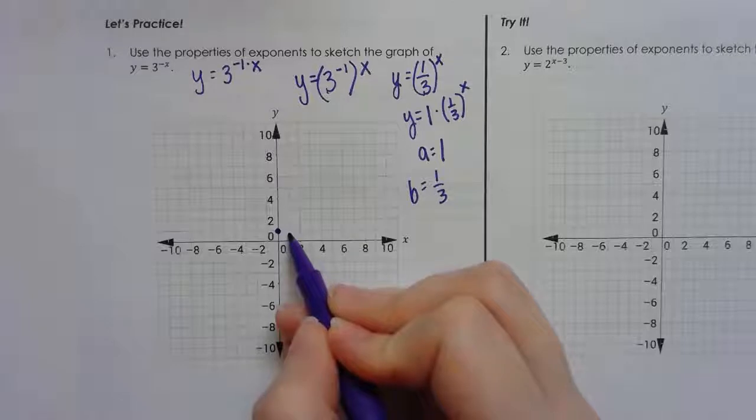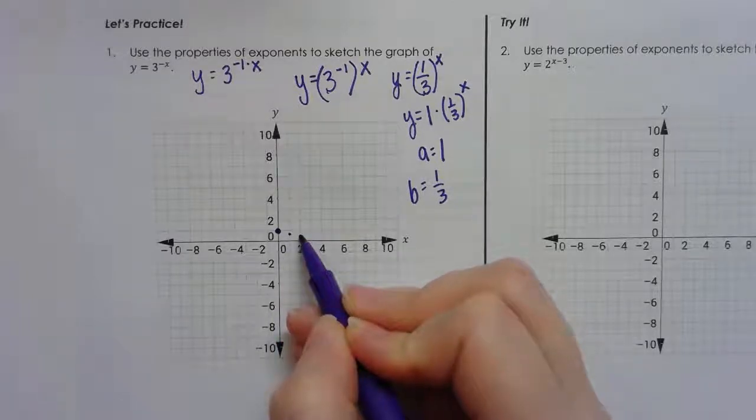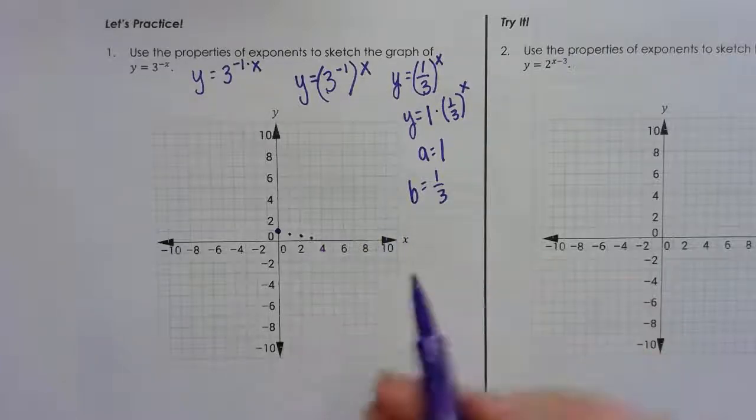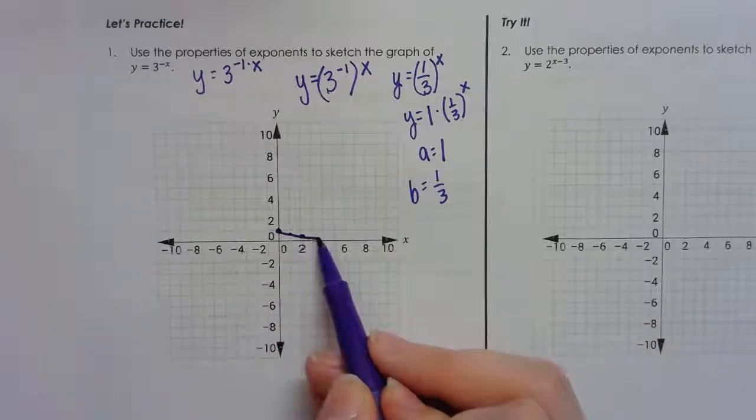So 1 times 1/3 is 1/3. 1/3 times 1/3 is 1/9. 1/9 times 1/3 is 1/27. And then it gets progressively closer to 0.